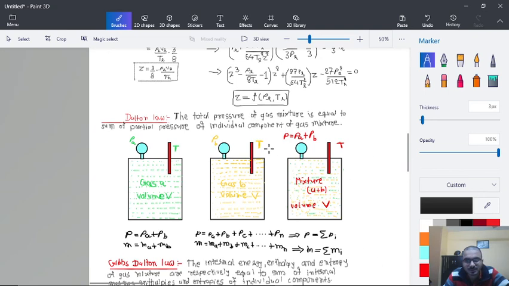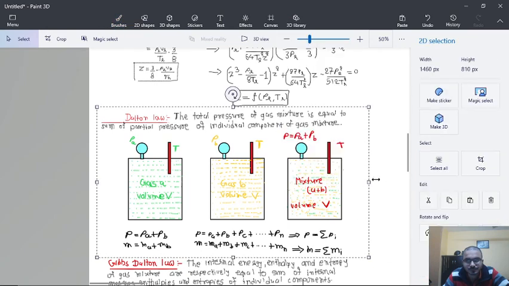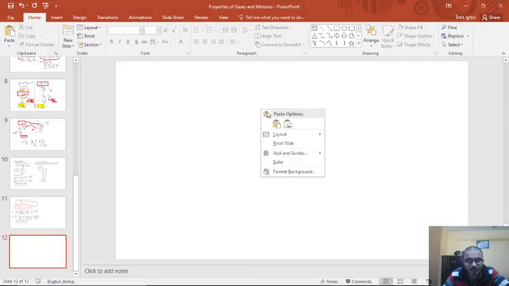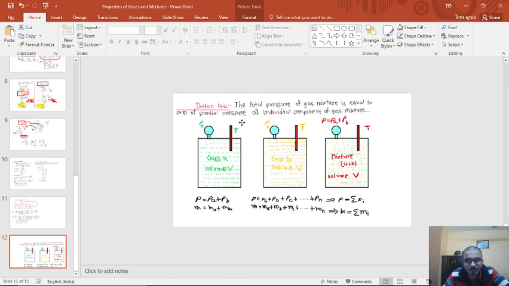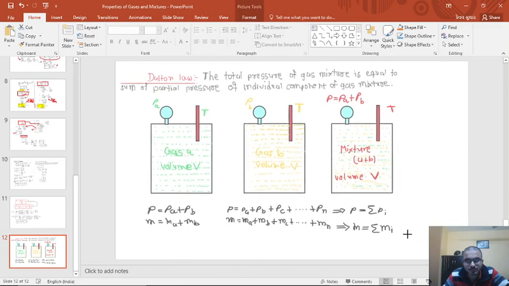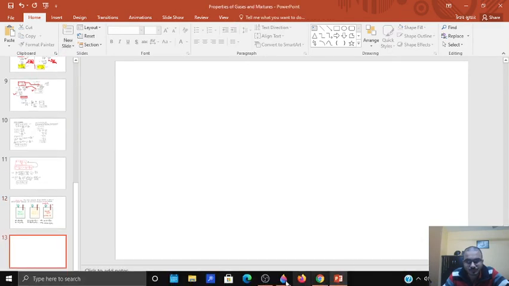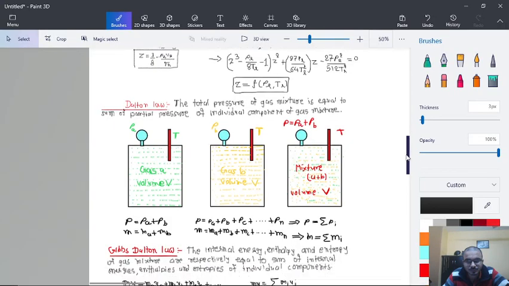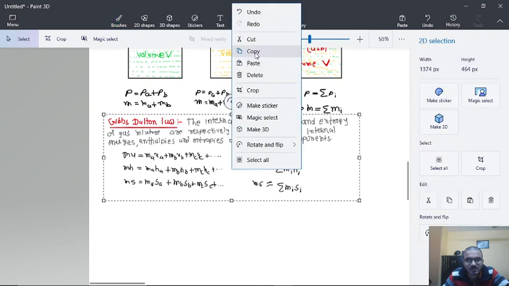Let's copy this work into our main slides, and this is the Gibbs-Dalton law.